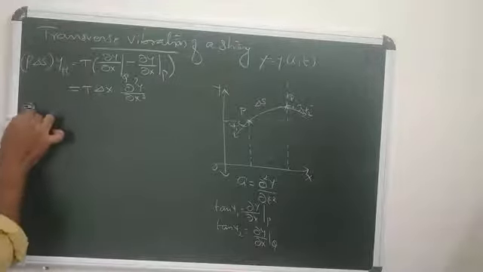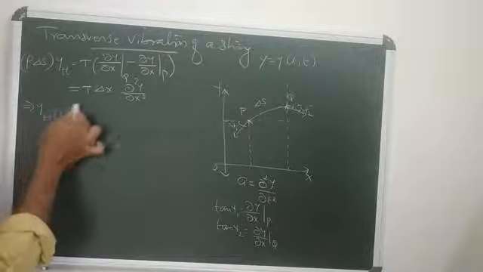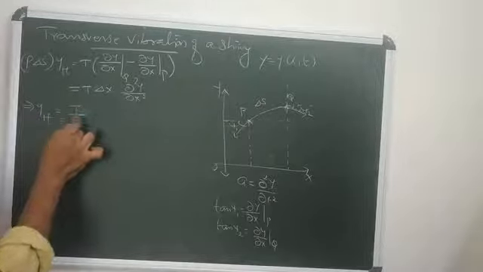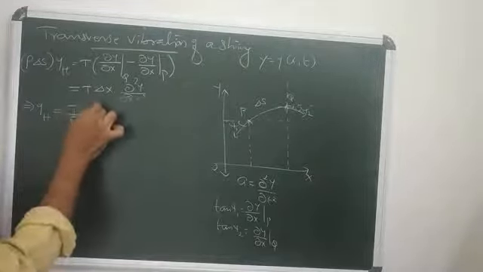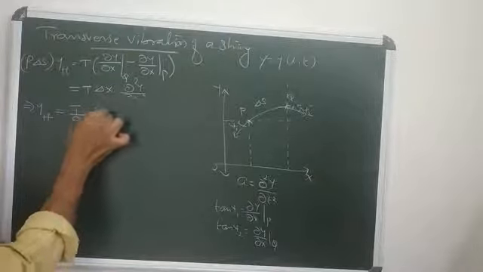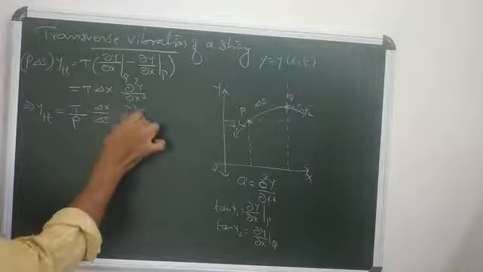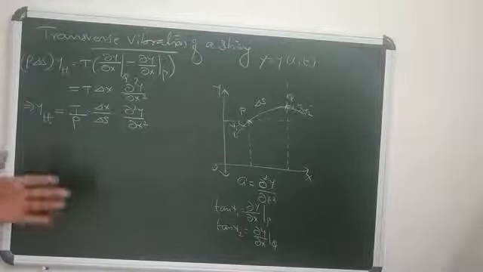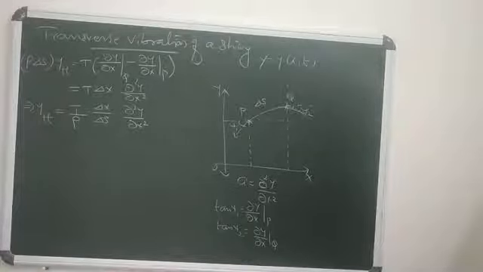That means what is ytt? Ytt equals t by rho into delta x by delta s into del square y by del x square. Del square y by del x square is noted as yxx. Now, what is delta x by delta s?